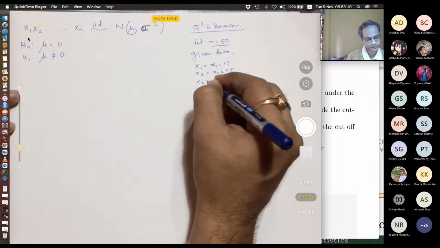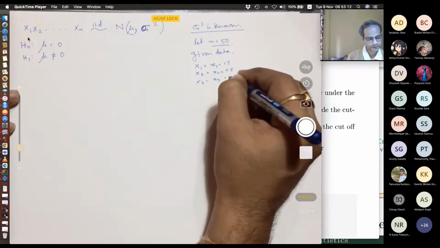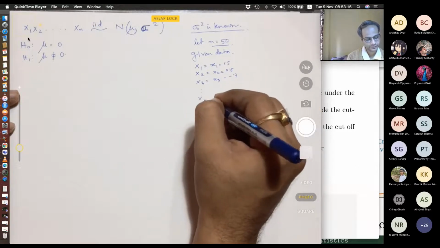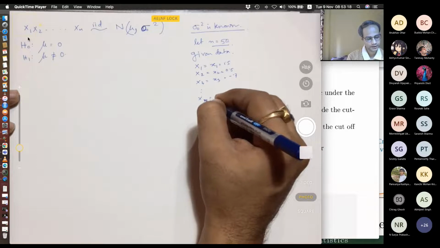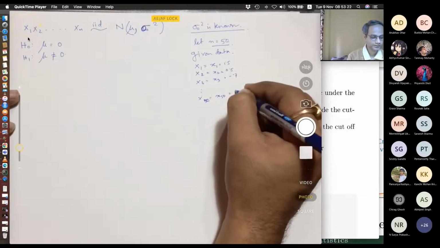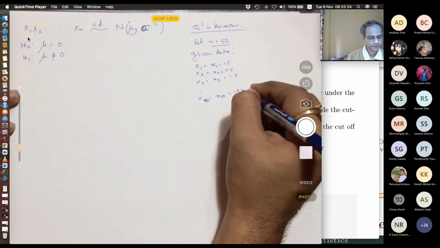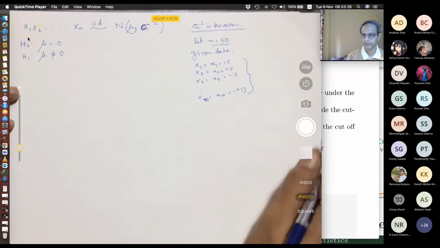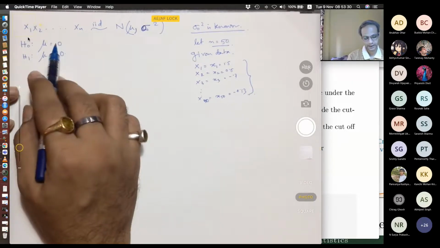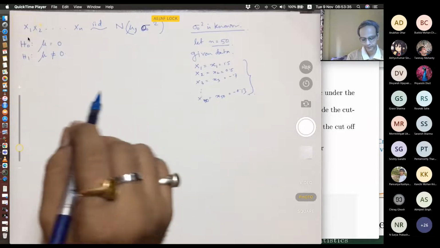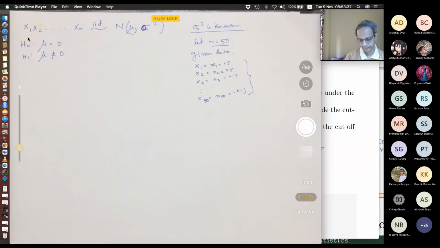Observed value of x3 is small x3 equals say minus 0.7. In this way, observed value of x50 equals small x50, let us say minus 0.1, something like that. So this will be the data available with you. This is the hypothesis given to you for testing. Now, what will you do?